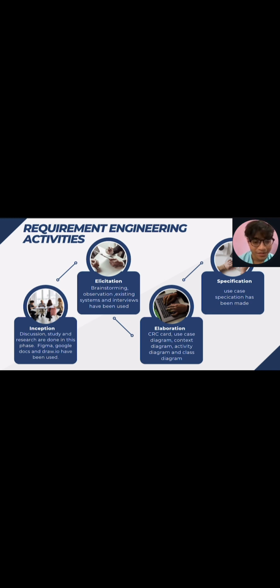In the inception activity, we had a discussion, study, and research. These are to find and solve the problems, the issues that the existing system faces. There are several tools that have been used, such as Figma, Google Docs, and Draw.io.